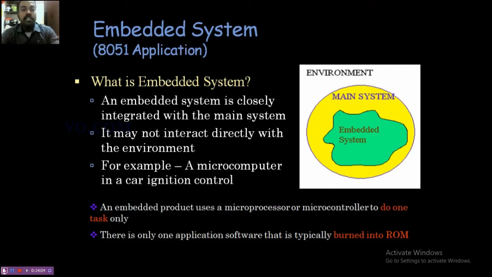If it is designed for washing machine control, it can only control the washing machine. We cannot use that microcontroller for any other purpose. If you want to use the microcontroller for another purpose, we have to replace the internal program. That is an important thing. So the microcontroller is mainly for a single purpose, dedicated to some particular application.